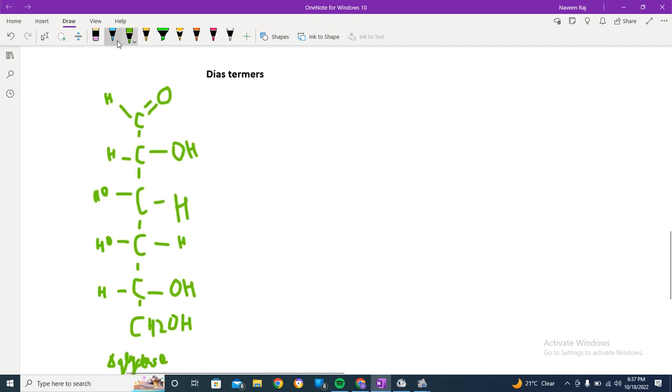If you look into mannose, here is the mannose one. It is also an aldohexose, C6, and the first and last arrangement would be similar.